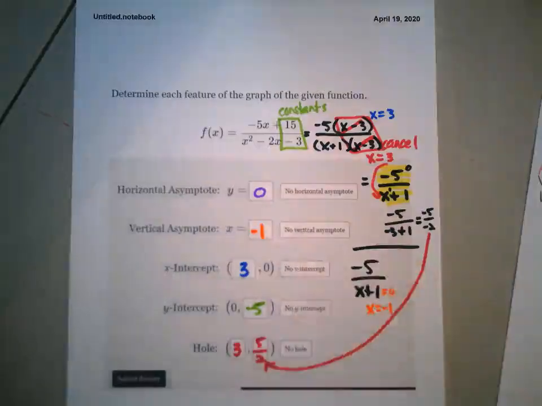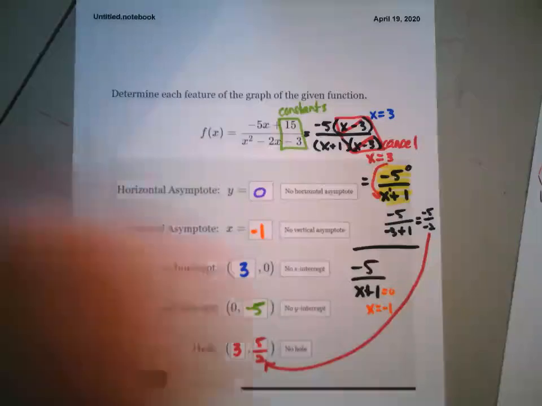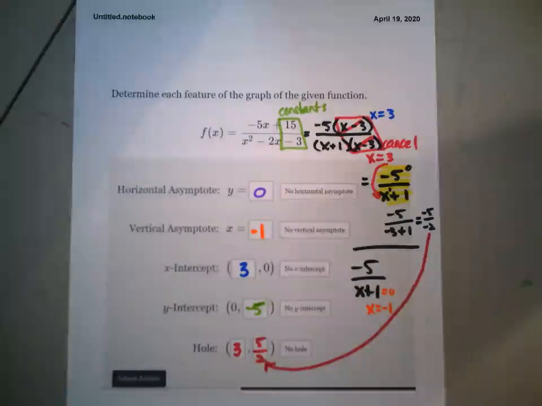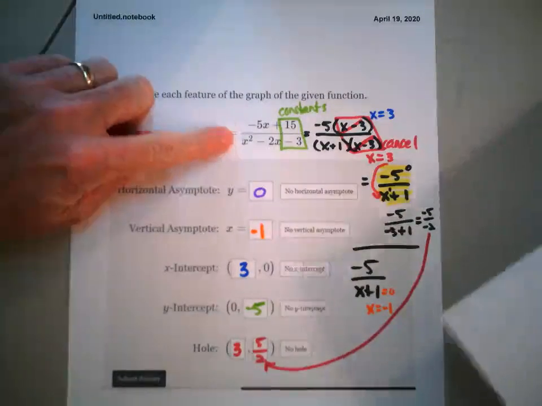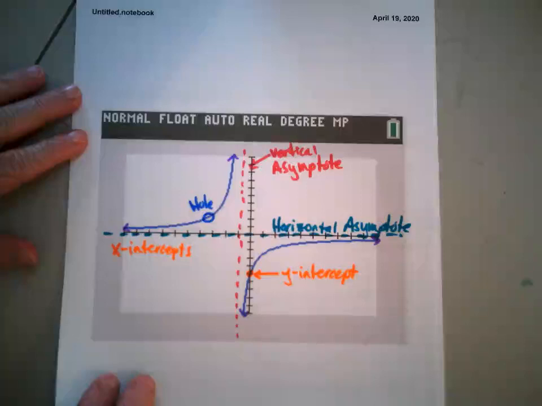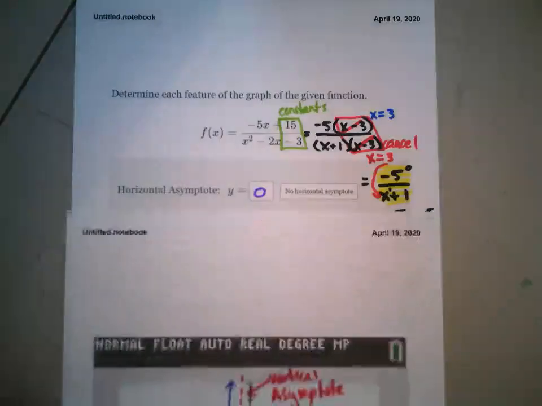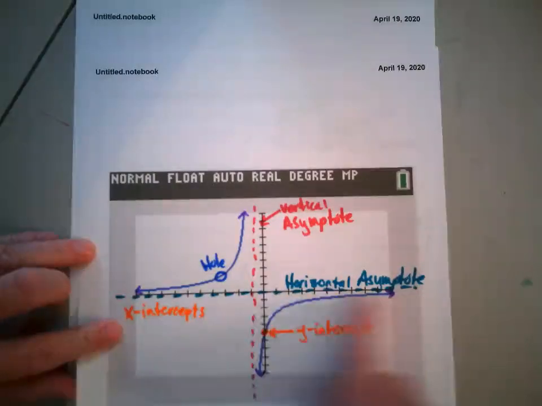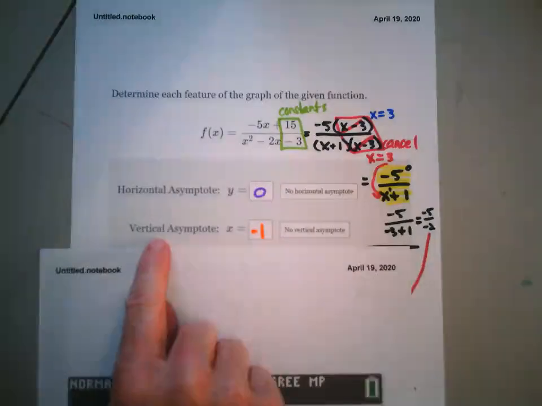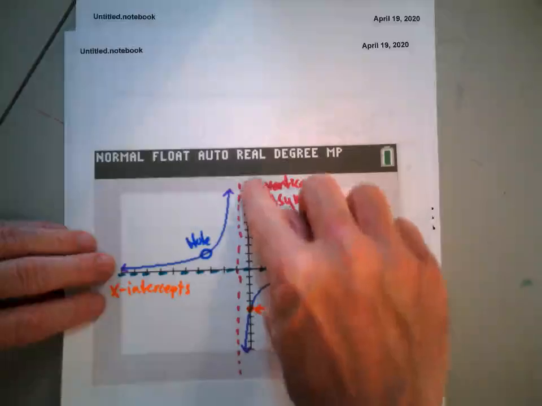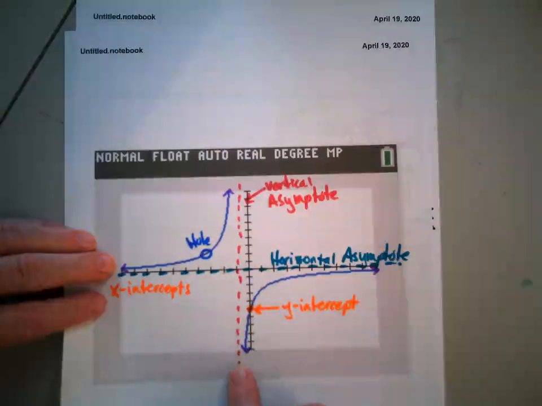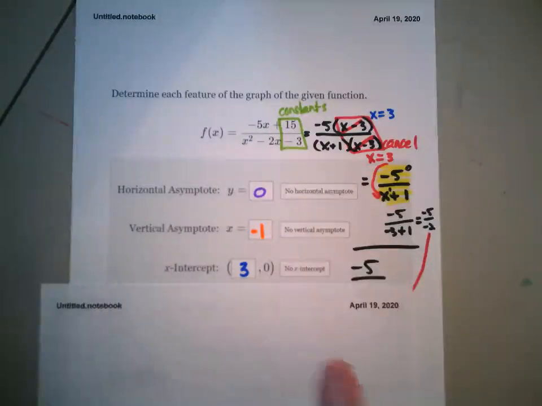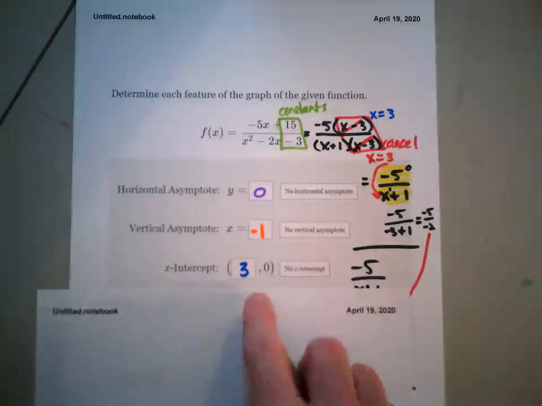Okay, so those are the 5 answers that we need to get for this problem. And for those of you wanting to know, this problem is this graph. So when you look at this, horizontal asymptote, y equals 0, that is the x-axis. The vertical asymptote at negative 1, that's this reddish line coming down through here. The x-intercept, it's not showing the x-intercept.